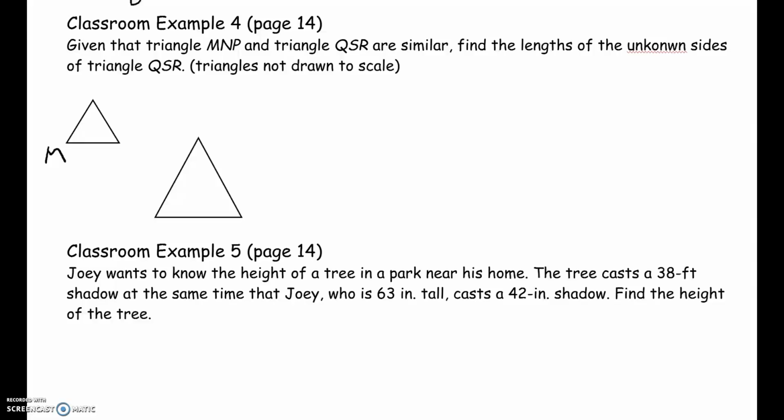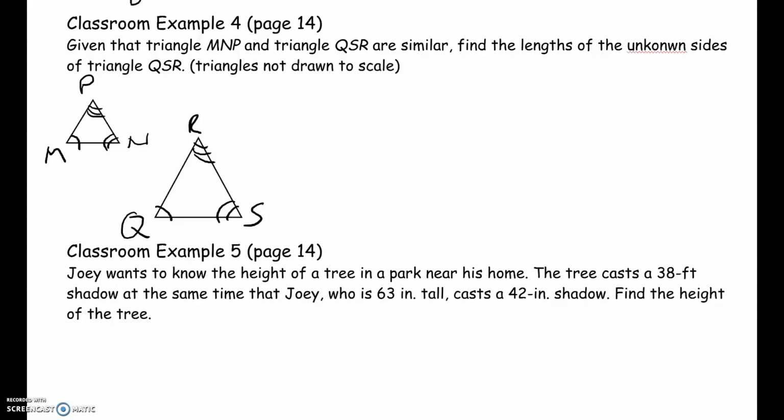This is angle M, P, N, Q, R, and S. So by the correspondence, M and Q have to be congruent angles. N and S have to be congruent angles. And P and R must also be congruent angles.